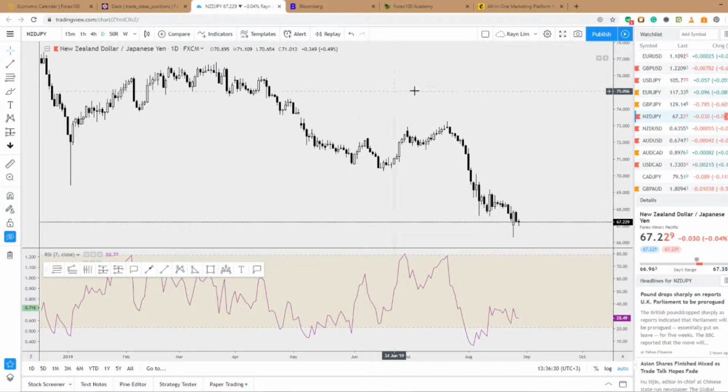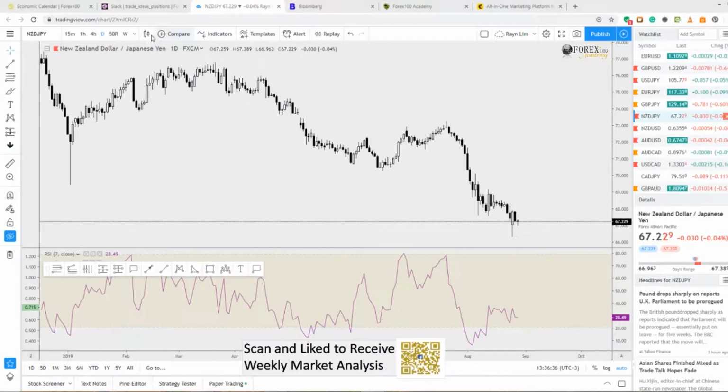Alright, so on the daily chart on New Zealand yen, market has created new low, came down, consolidated and broke the new low. So this can be a sell zone.